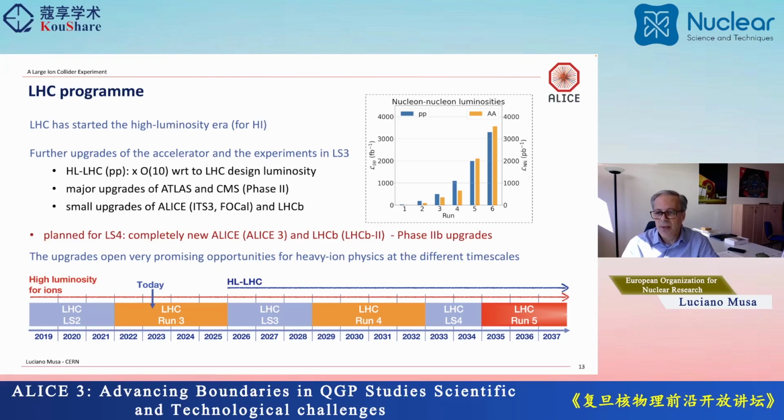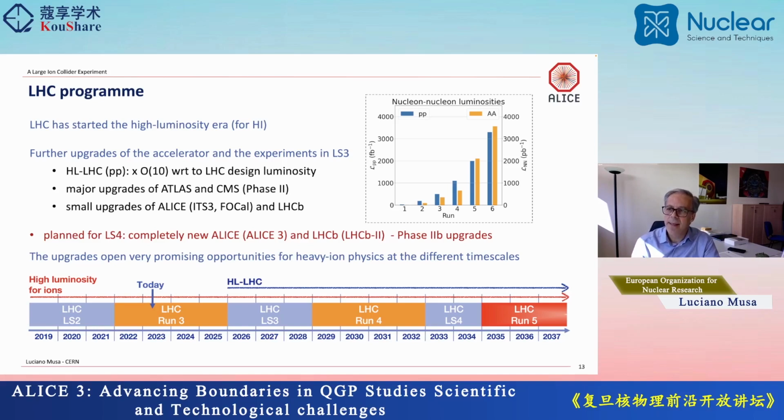So these are also called the Phase 2B upgrades. And then we will enter into a new phase of about 10 years with 2 runs, Run 5 and Run 6, all the way till 2041-2042, which should complete the operation of the high-luminosity program and of the LHC.